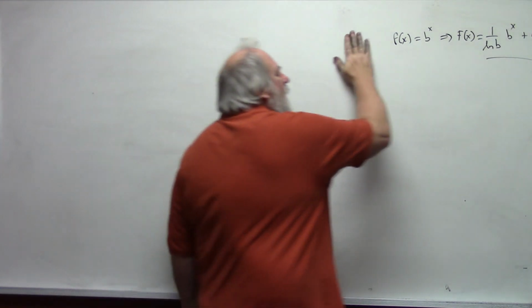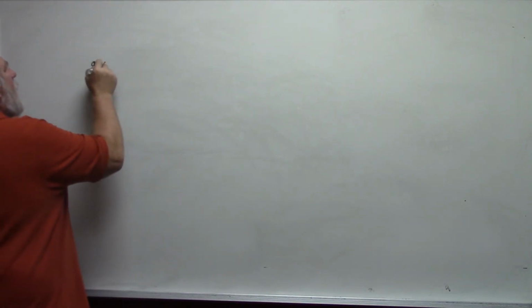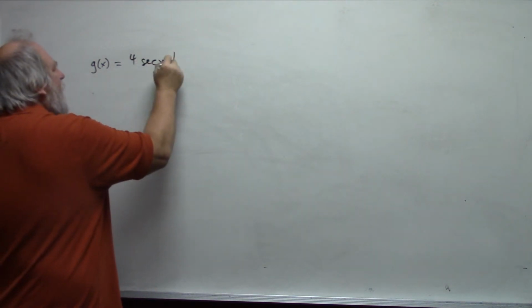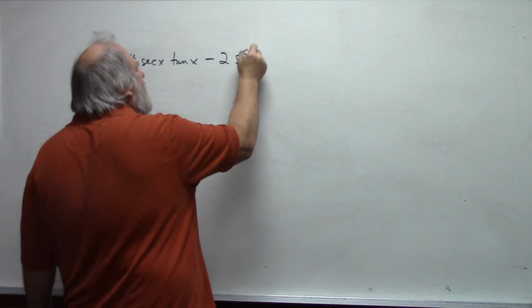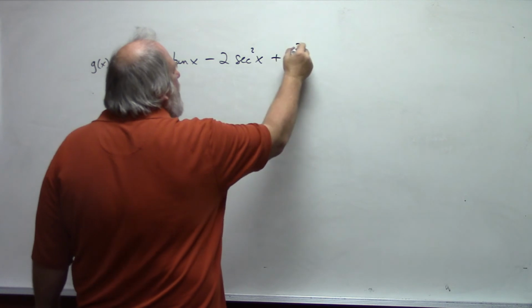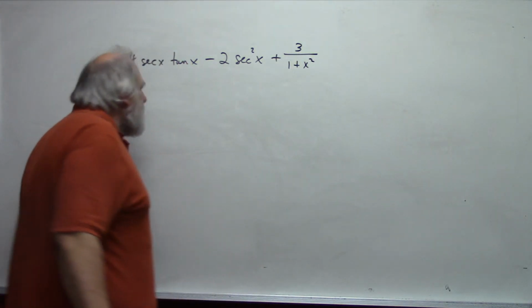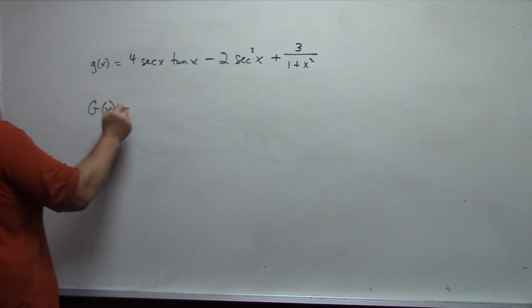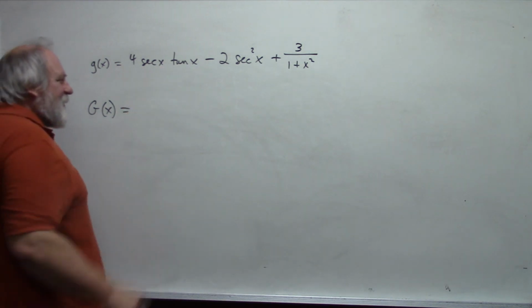Suppose I have g of x is equal to 4 secant of x tangent of x minus 2 secant squared of x plus 3 over 1 plus x squared. Again, I want the antiderivative, which I'm going to label now capital G of x. Think backwards. What function had a derivative of secant of x tangent of x?